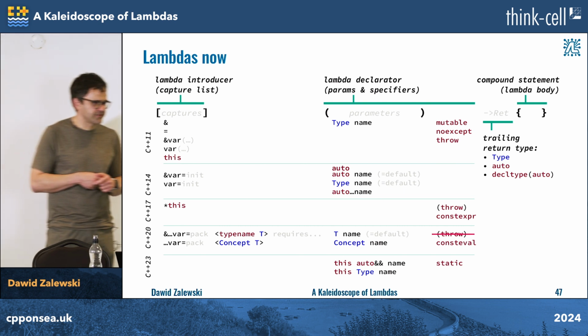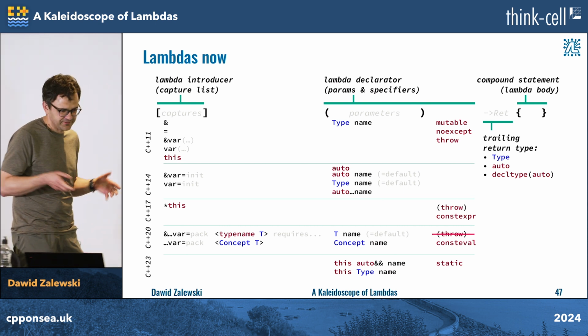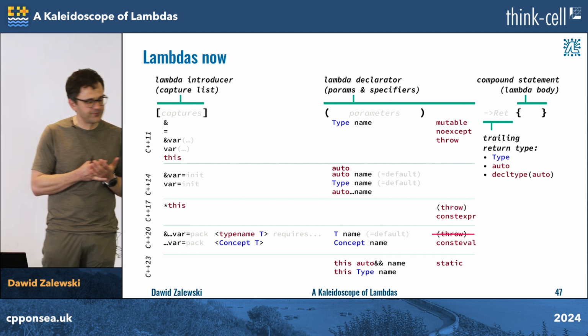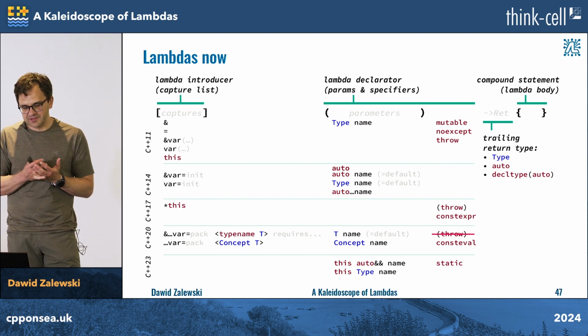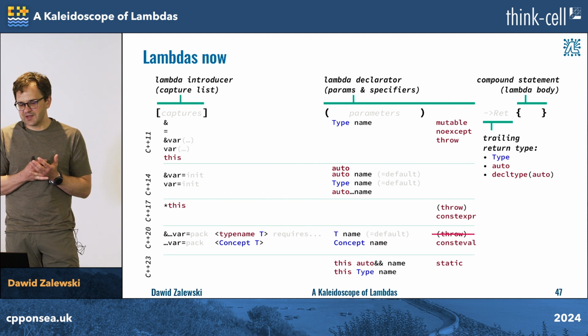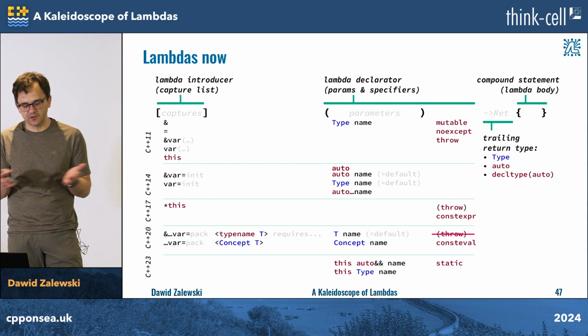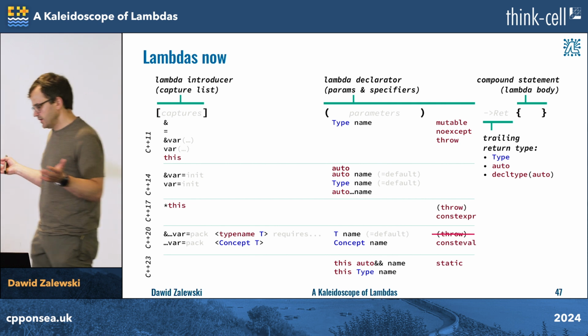So this is the only unsolved problem for lambdas, or at least one of the big unsolved problems of lambdas, was that we couldn't self-refer to a lambda. Now it's possible. In C++23, we have the explicit object parameter added to our toolbox, and this comes with all kinds of marvelous tricks.